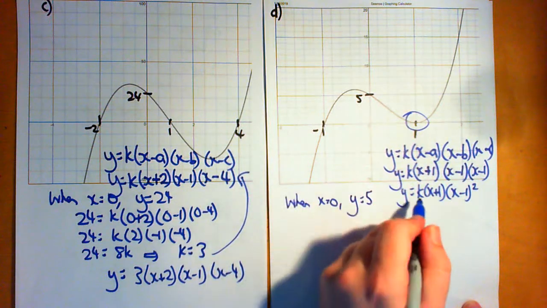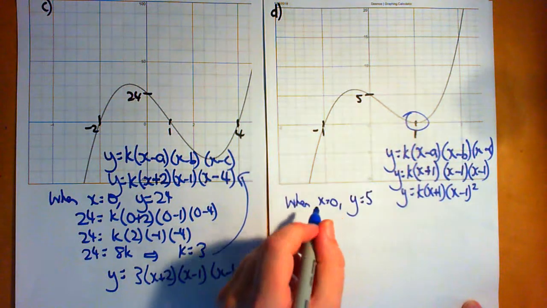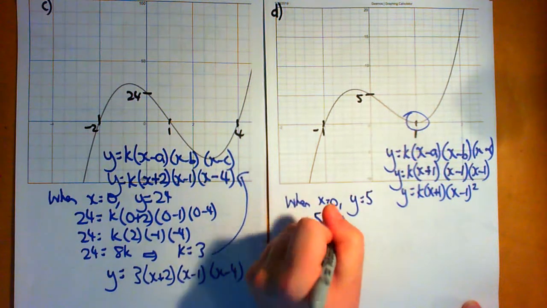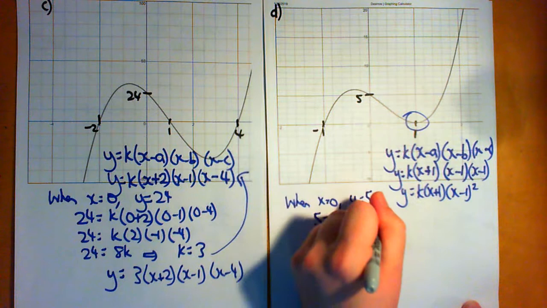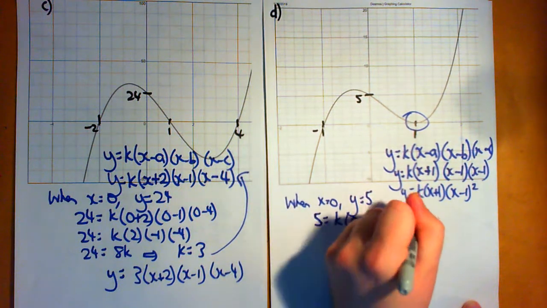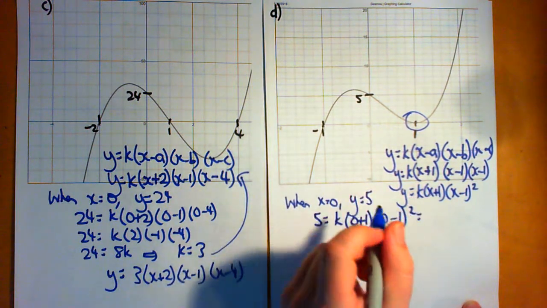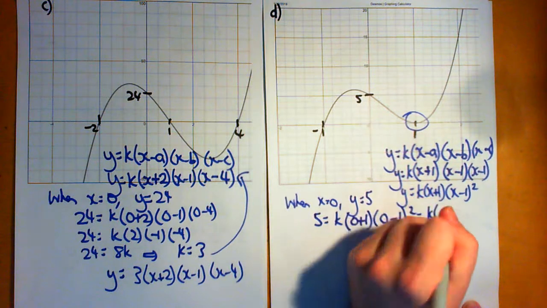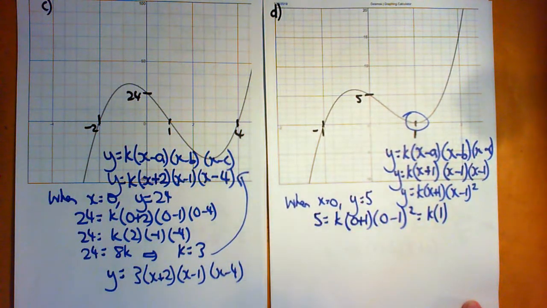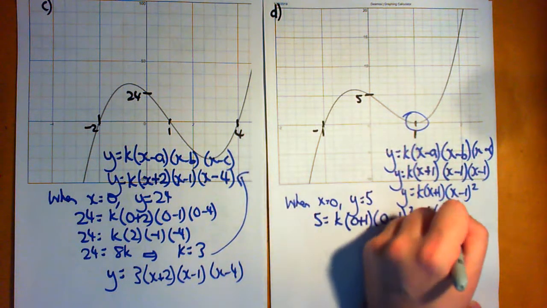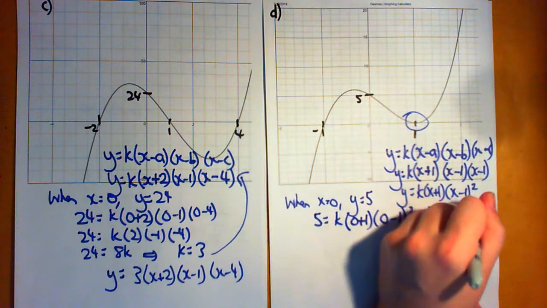So if we substitute that in, 5 equals k multiplied by (0 + 1)(0 - 1) squared, which is going to be k times 1, because we're working out that bracket. 0 plus 1 is 1, and then we have negative 1 squared.